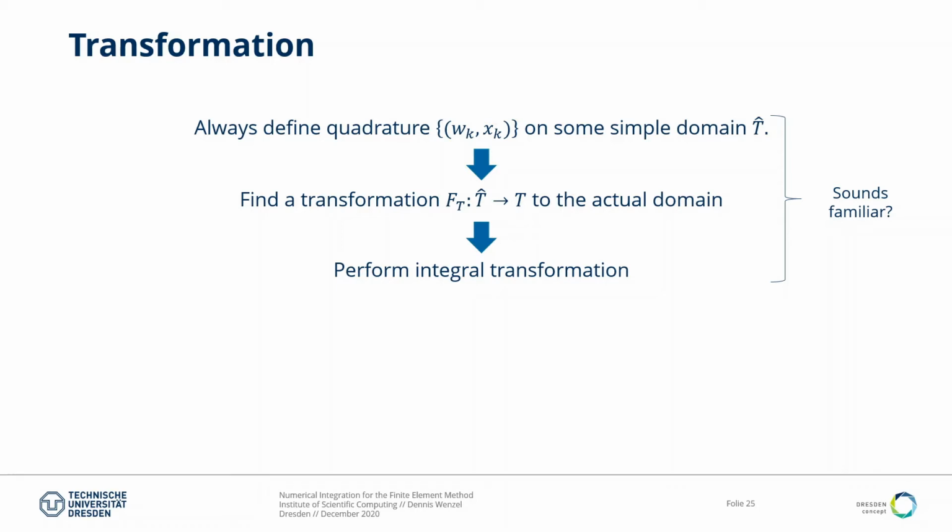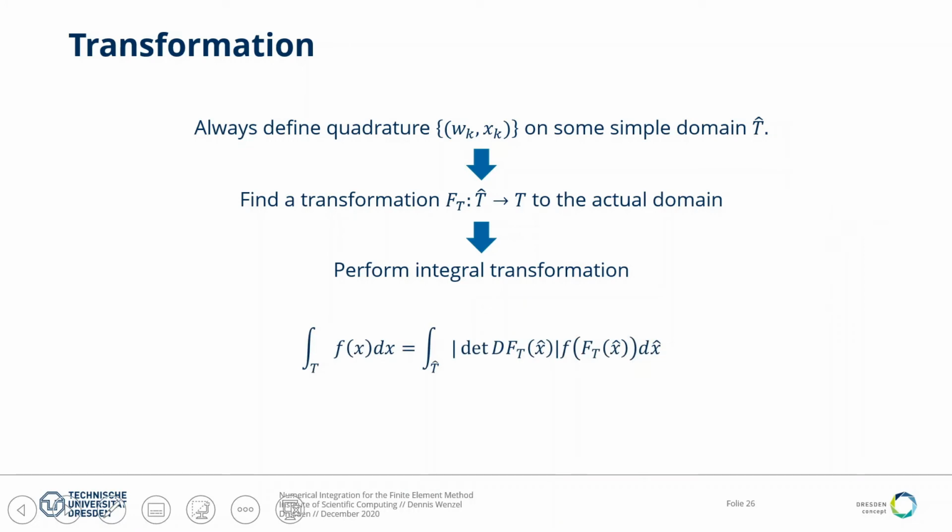And that's exactly what we're doing here. And that's also one of the reasons why numerical integration is such a perfect match for FEM, because you can use those previously derived reference maps, for example, and put them to another purpose in transforming your numerical integration schemes.